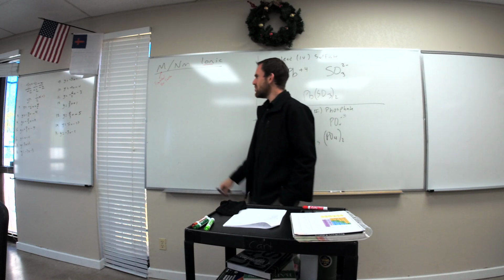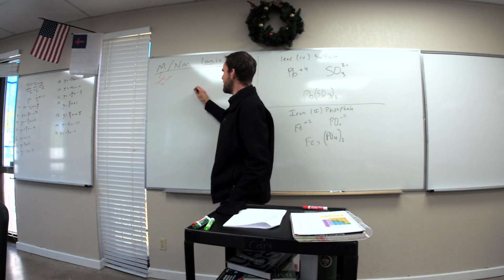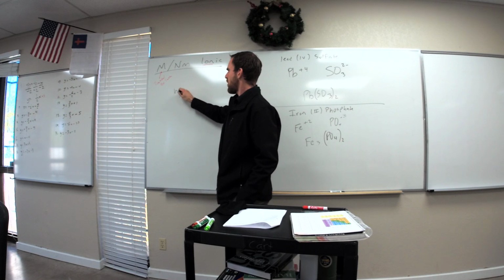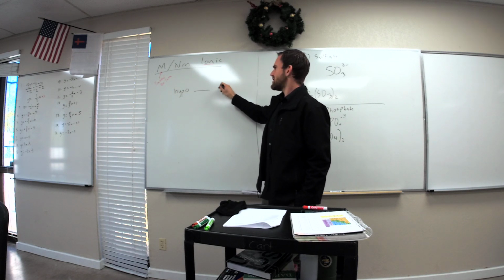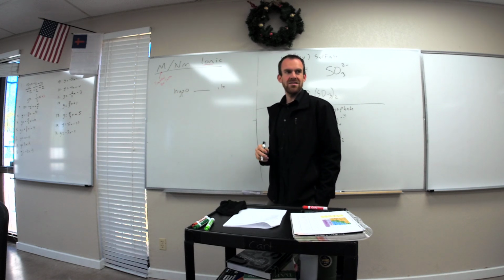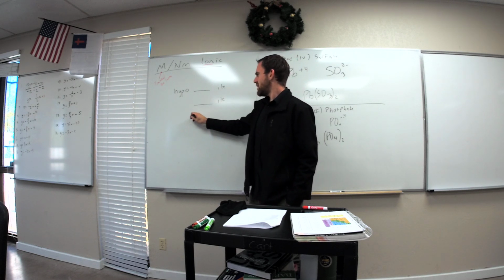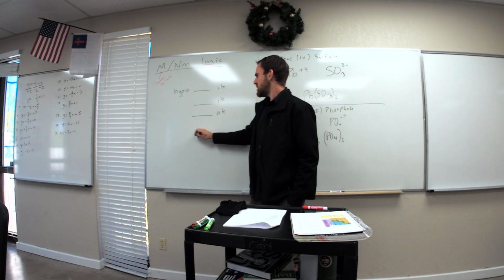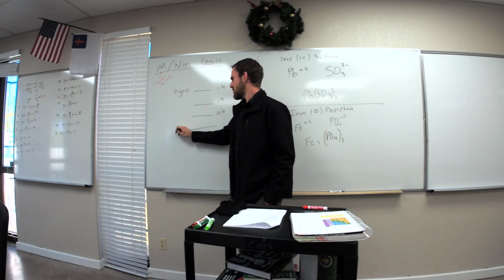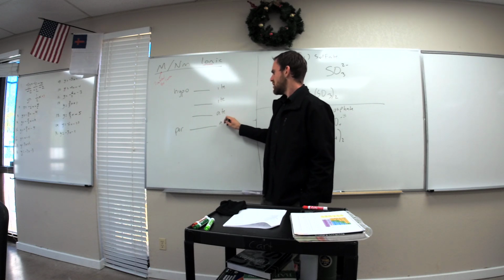Okay, what are the general rules? Pyramid scheme. If it ends with hypo-something-ite, that's the lowest number of oxygens. Then it's your something-ite, then -ate, and then per-ate is the most.